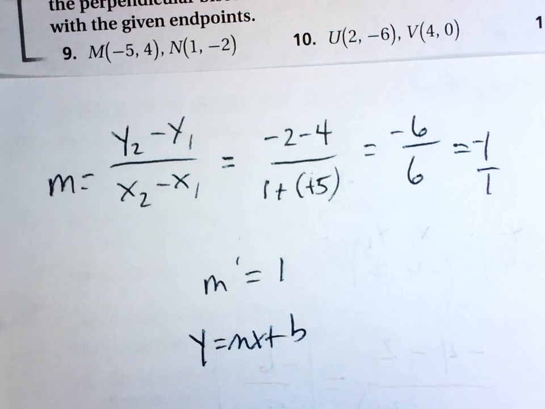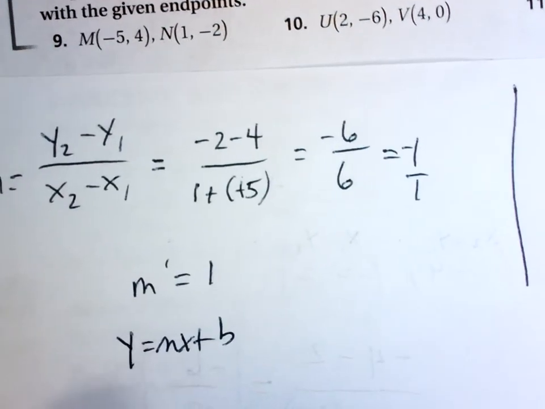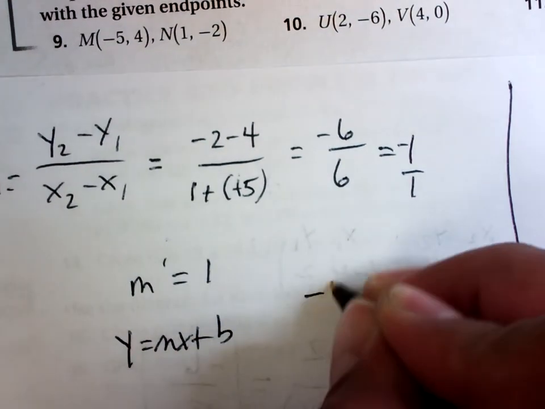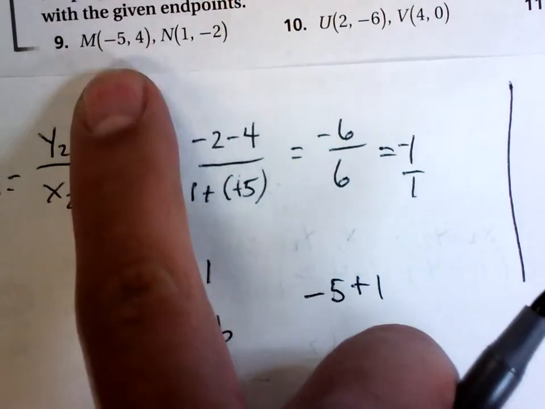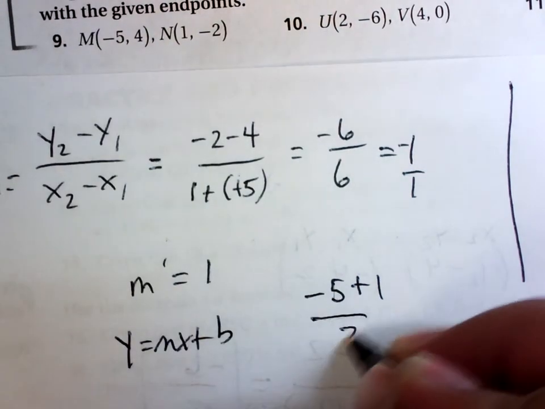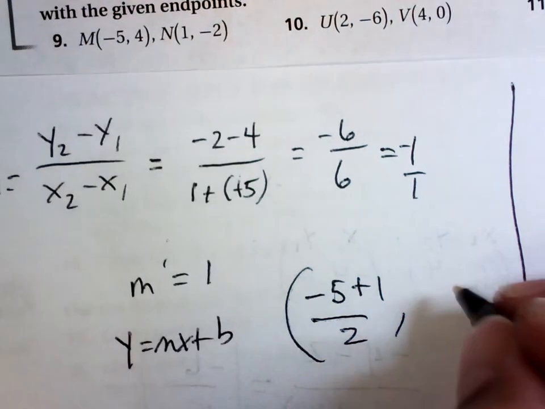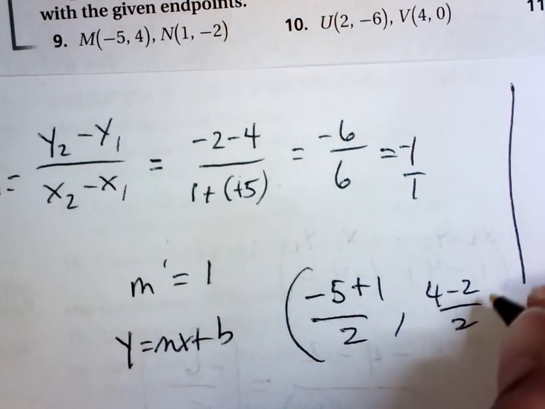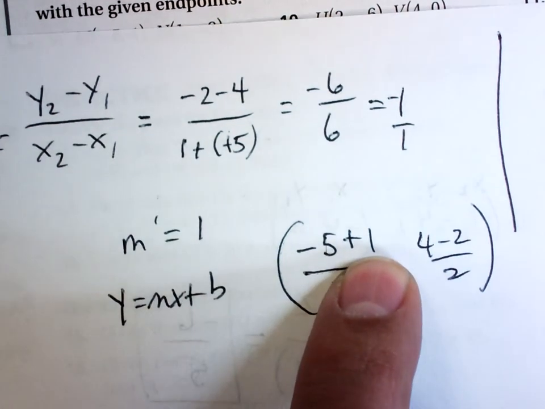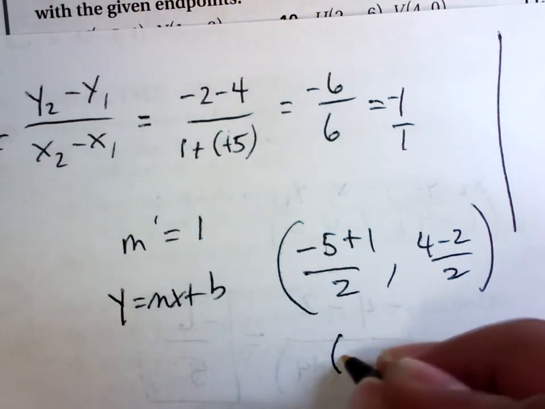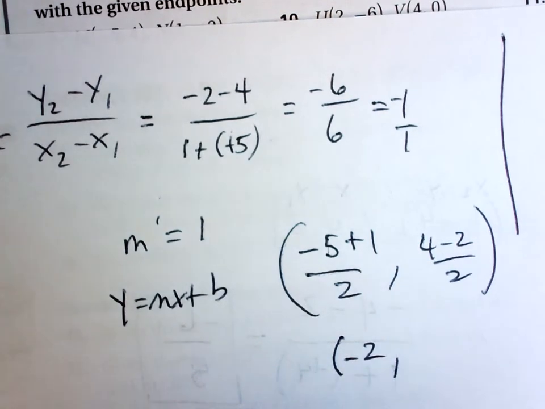Let's find the midpoint of MN using the midpoint formula, which says you add up your two x's, negative 5 plus 1, and divide by 2. And then I add up my two y's, 4 and negative 2, and divide by 2. Negative 5 plus 1 is negative 4. Negative 4 divided by 2 is negative 2. 4 minus 2 is 2. 2 divided by 2 is 1.